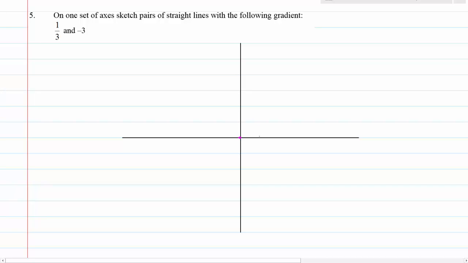So if I go along 1, 2, 3, I'll go up 1. 1, 2, 3, I'll go up 1. And you should eventually find that you end up with a whole series of points that you can connect with a straight line. So it won't be quite that 45-degree diagonal, it'll be a bit flatter because it has a lower gradient.